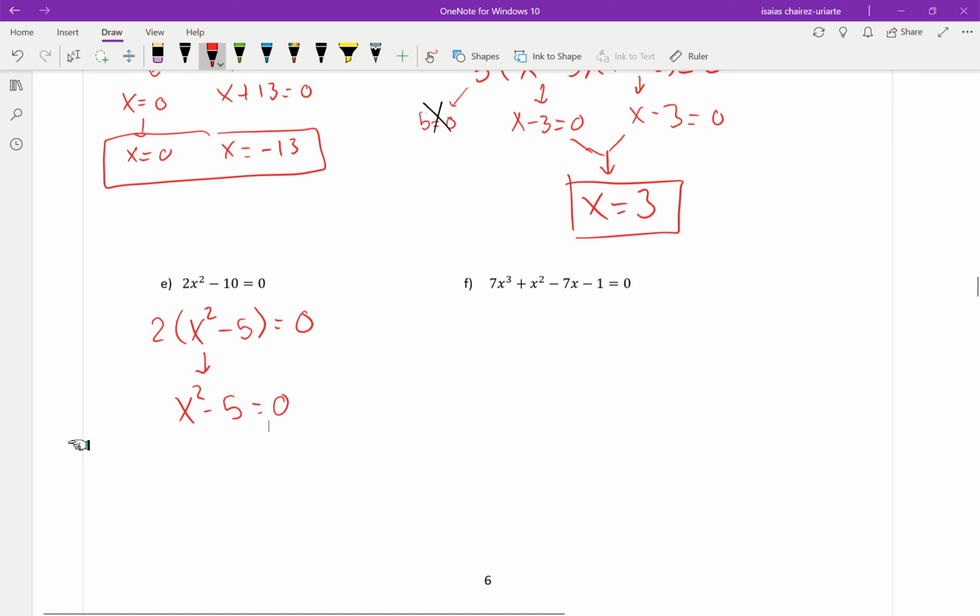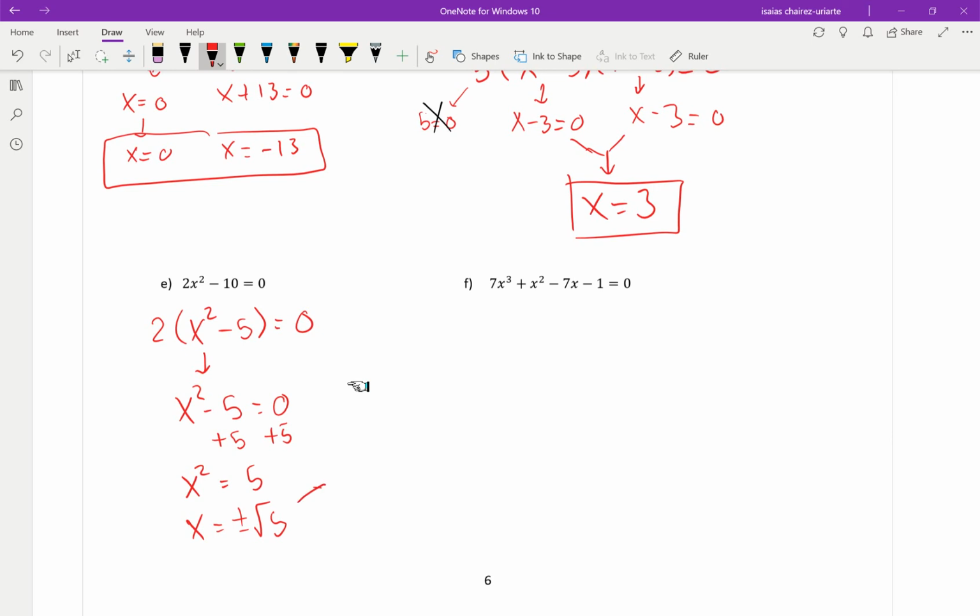And if you think about it, I guess I could use the quadratic formula. My a would be 1, my b would be 0, my c would be negative 5. I could go ahead and try to solve this that way, but it's much easier to just solve it by hand. And so then x is equal to plus or minus square root of 5.